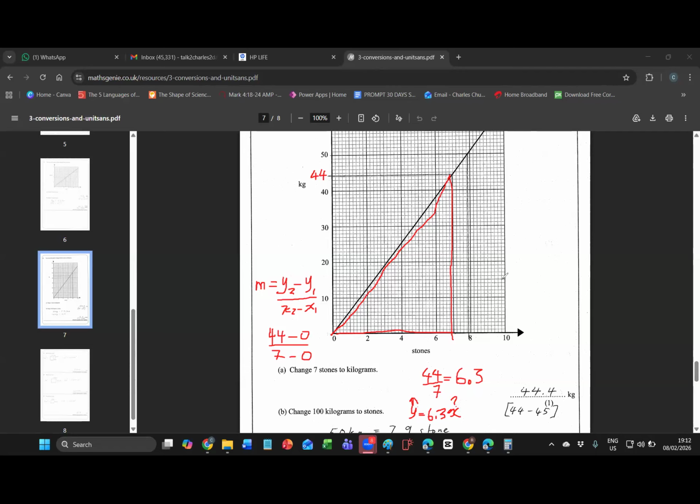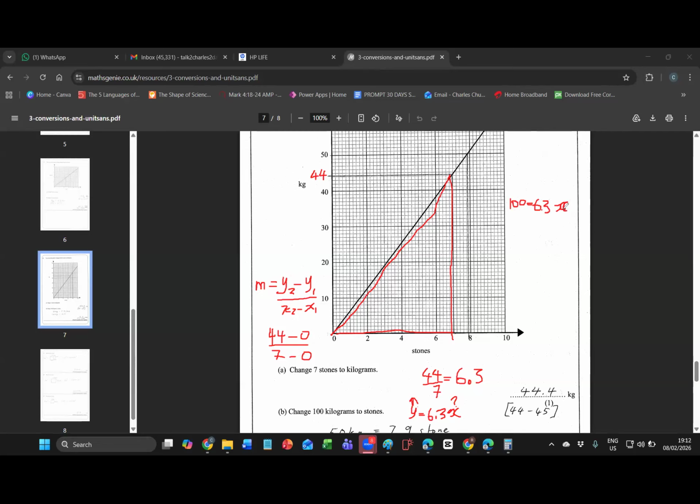So it's going to look like this: I'm going to put 100 for my y. 100 equals 6.3 times x.